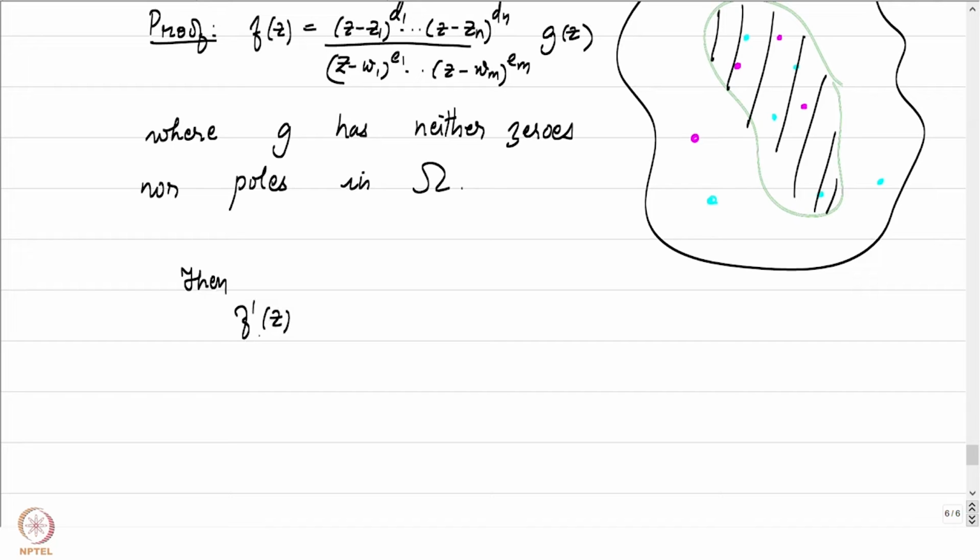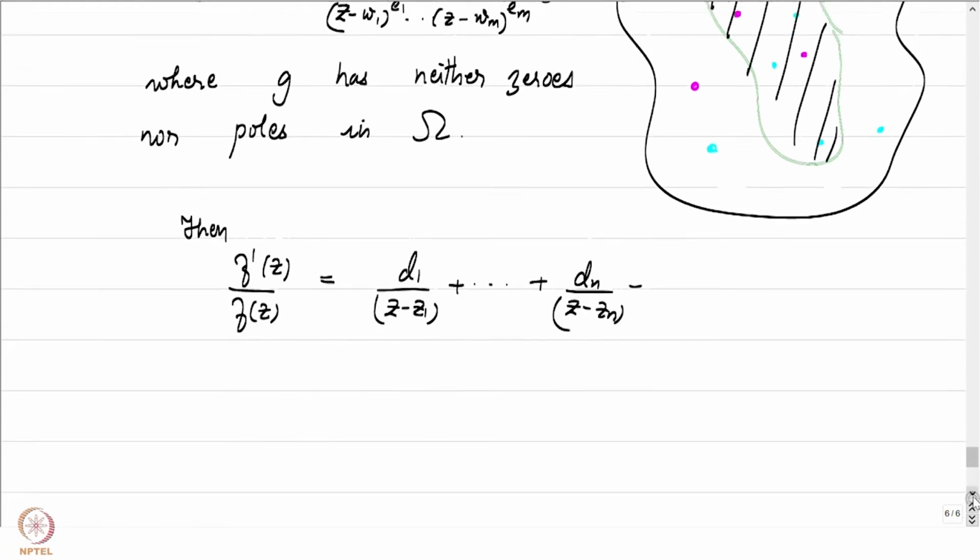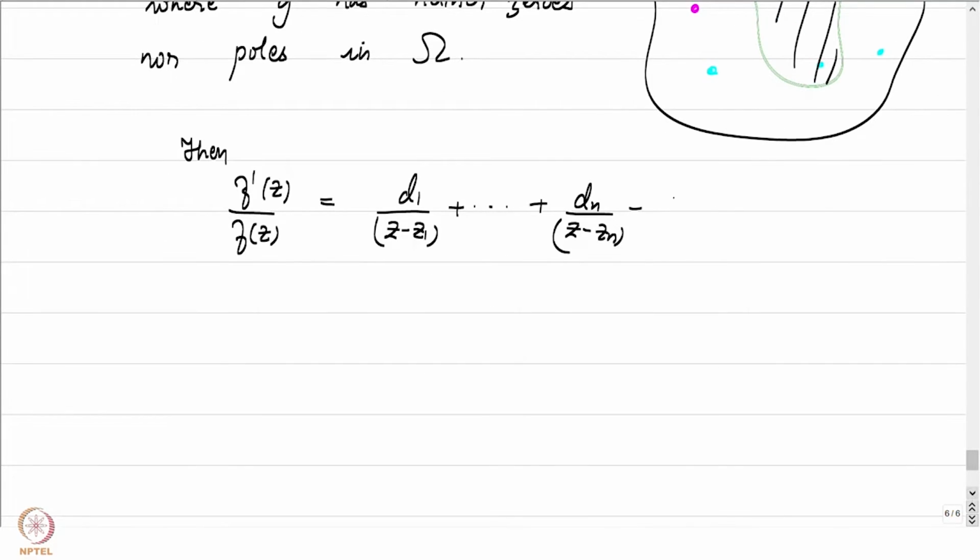F prime of z by f of z is just going to be d1 by z minus z1 plus up to dn by z minus zn, just like how you would have computed in the case when it was a rational function. The same computation here will tell us that this is what we will finally end up with.